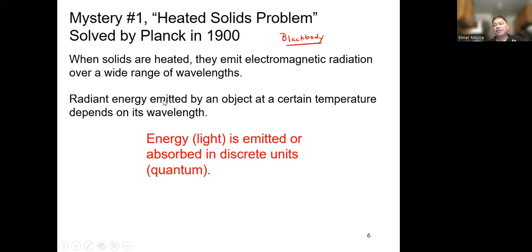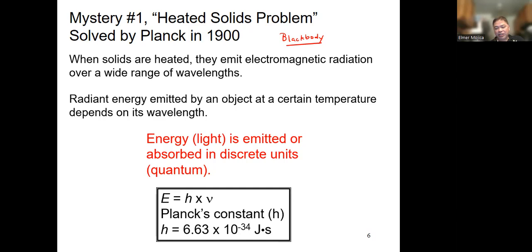Sabi niya, you have to treat the energy in the form of light as discrete units. So, yung amount na na-emit or na-absorb in discrete unit siya, o yung tinatawag niyang quantum. So, the way that he developed it is this energy is equals to Planck's constant times frequency, E = hν.